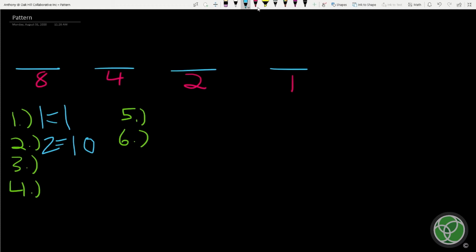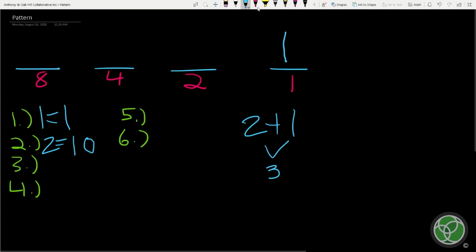We'll look at placeholder 1 and placeholder 2. 2 plus 1 is 3. So that lets me know that I need both the 2 spot and the 1 spot turned on. So I'm going to turn on spot 1 by putting a 1 in, and I'm going to turn on spot 2 by putting a 1 in.